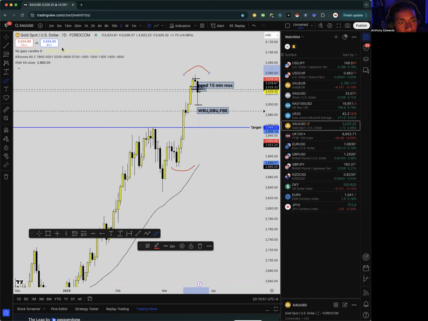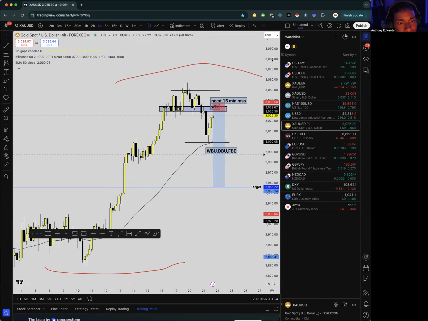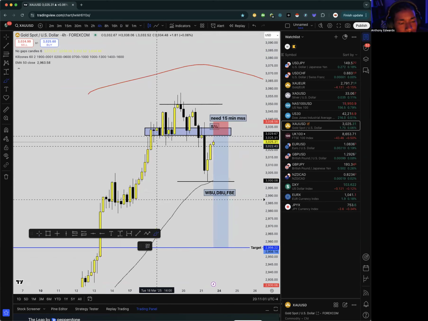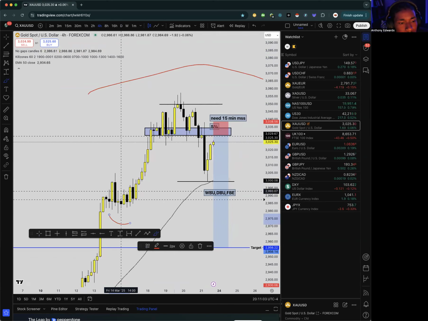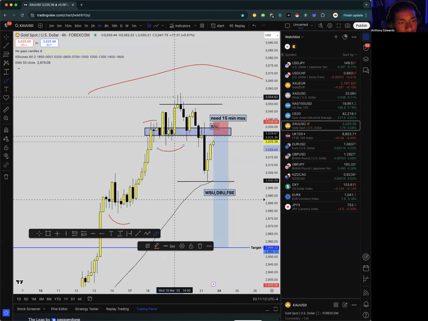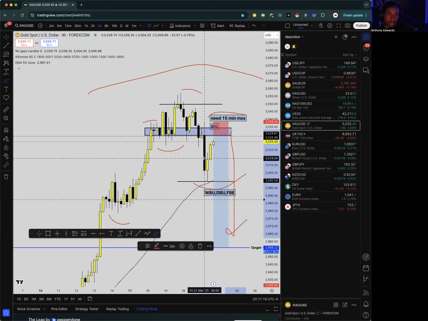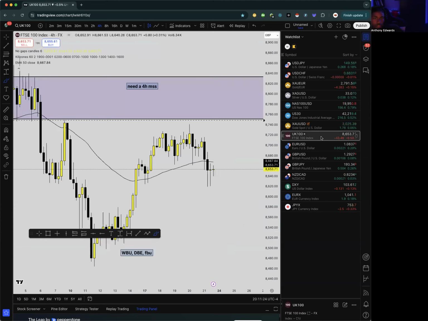This is the daily high on gold. 4 hour is, this was the previous low. High, low, high, broke structure, retest, sell. So yeah, that's my take on gold, UK 100.